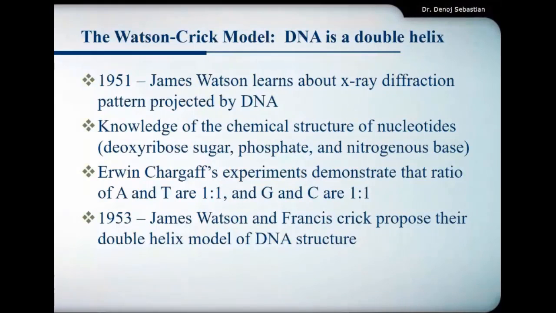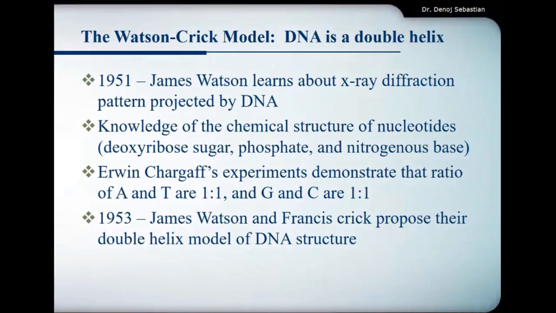In 1951, James Watson learned about an X-ray crystallography or X-ray diffraction pattern projected by the DNA. This study about the X-ray diffraction patterns of the DNA, which was published earlier, came into the notice of James Watson in 1951.